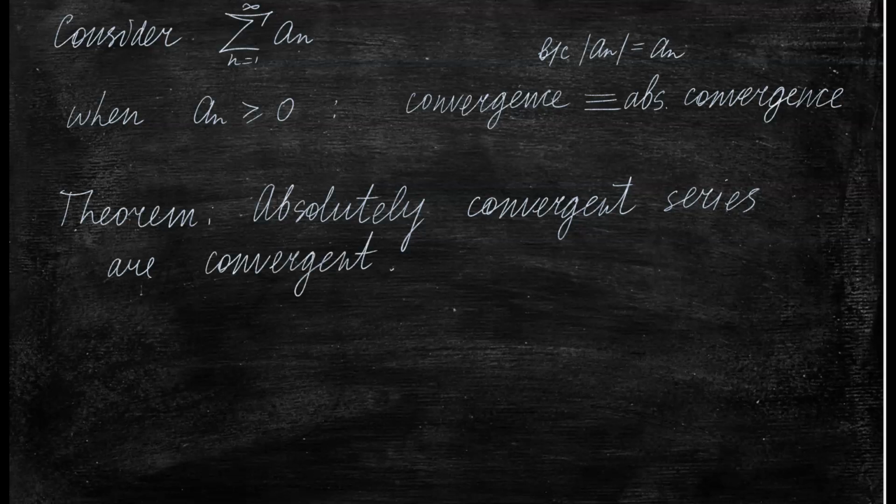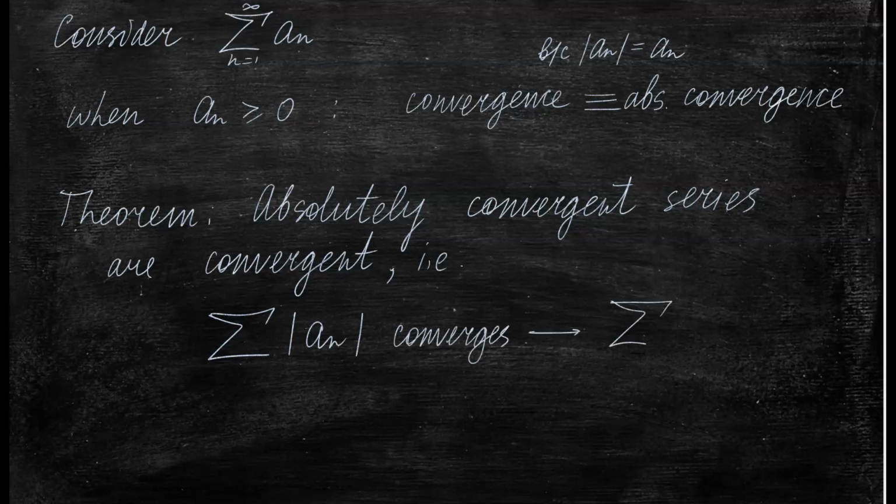So what does that mean? That means if you can show that the series of absolute values converges, that will imply that this series converges as well.